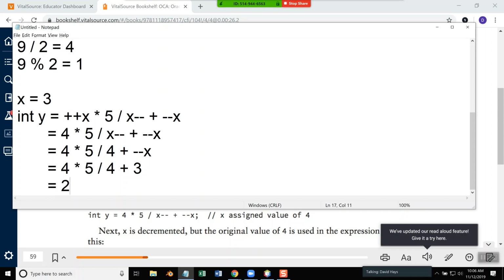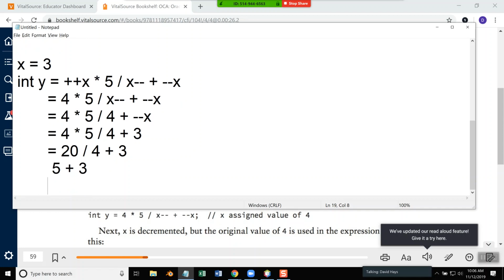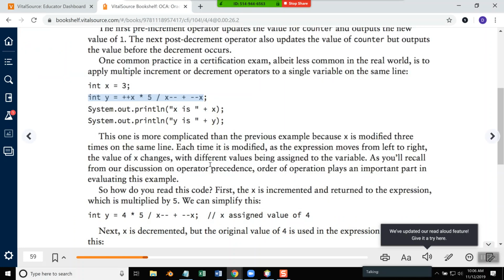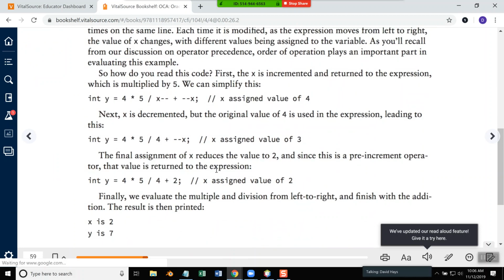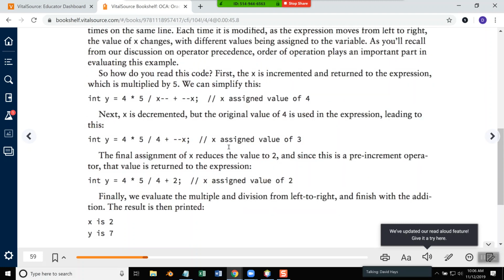I'm probably not even close. 20 divided by 4 plus 3. Best guess for me is I think it's going to give us 8. Let's say it's probably not right. The code is 2. Not even close, I guess.